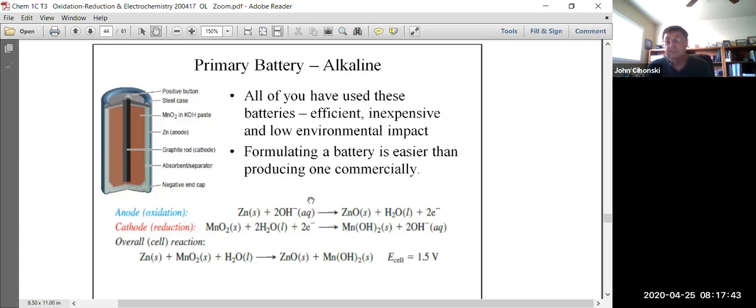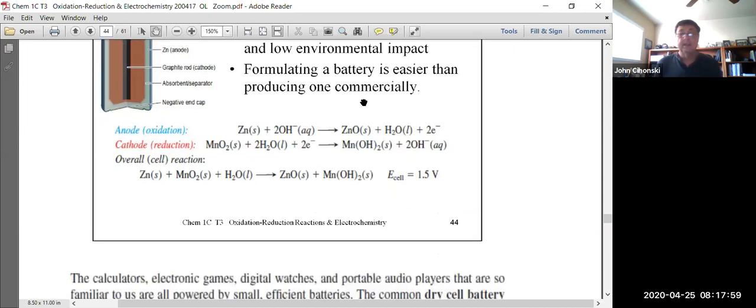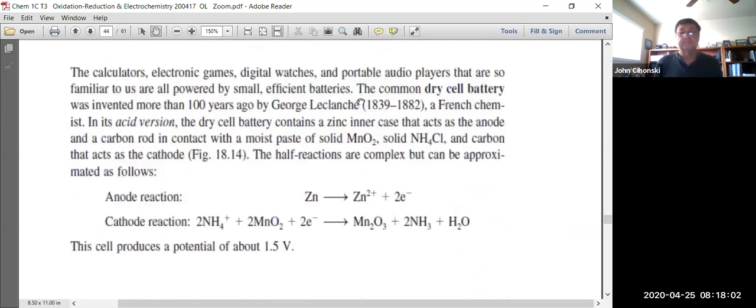Lithium batteries, you have two types. You have the lithium battery that's a primary battery, you throw it out essentially. And then you have the lithium ion battery, which is designed to be recharged. We'll talk about that.